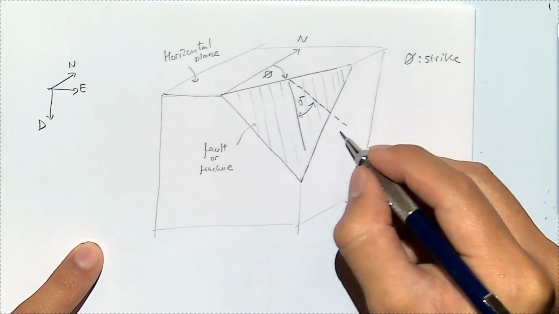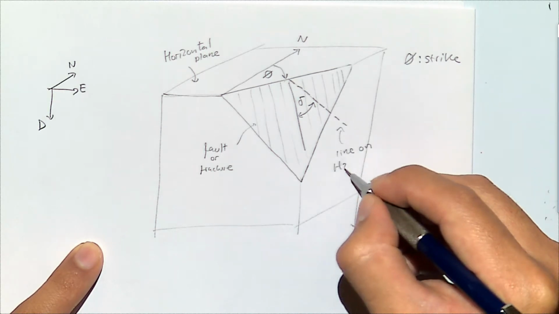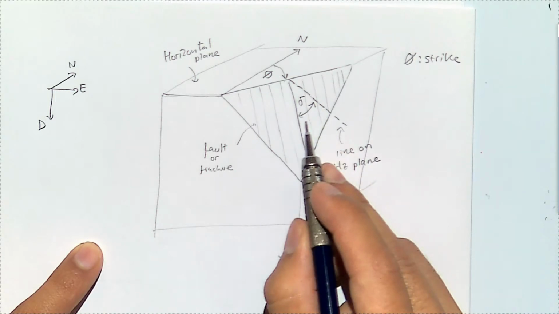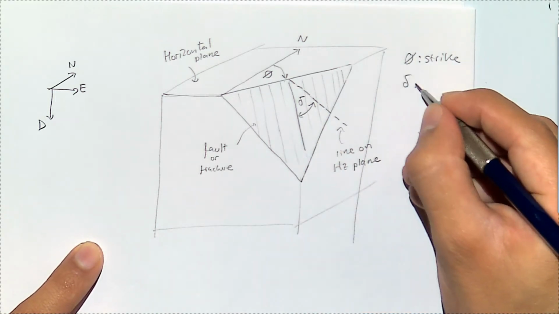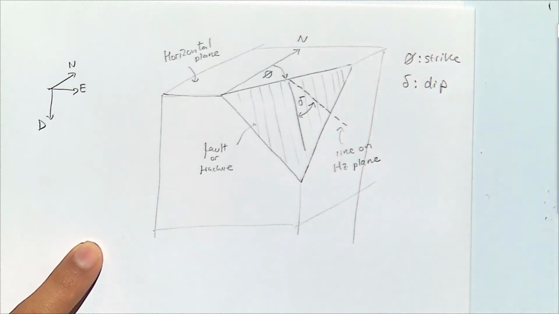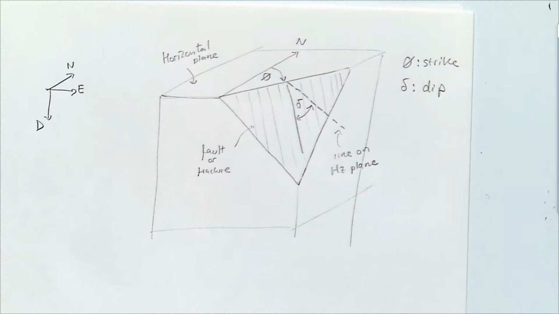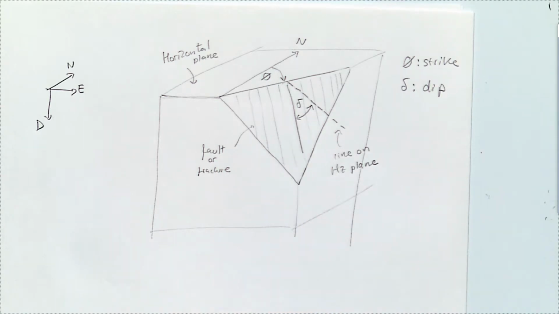So this is a line on the horizontal plane. And how far that goes into the steepest line, that is going to be the dip. And with these 2 angles, I can fully characterize the orientation of any plane in 3 dimensions.